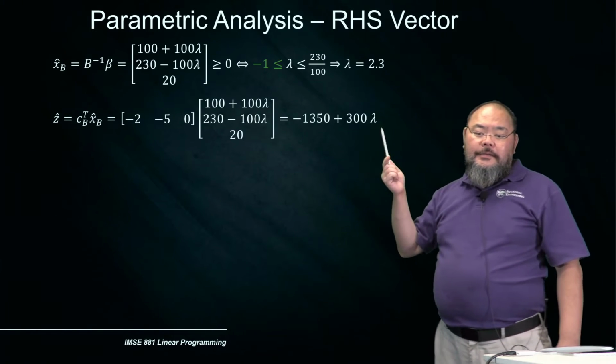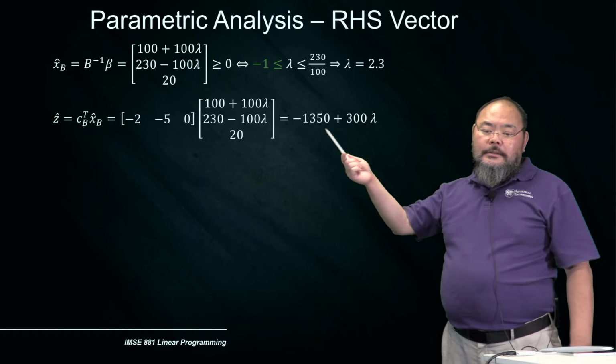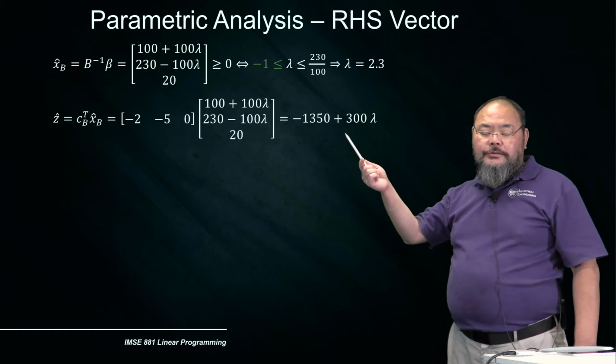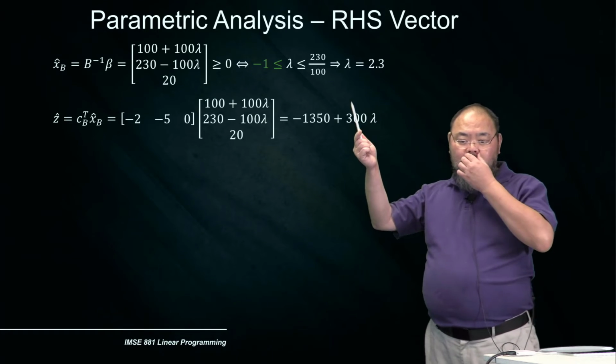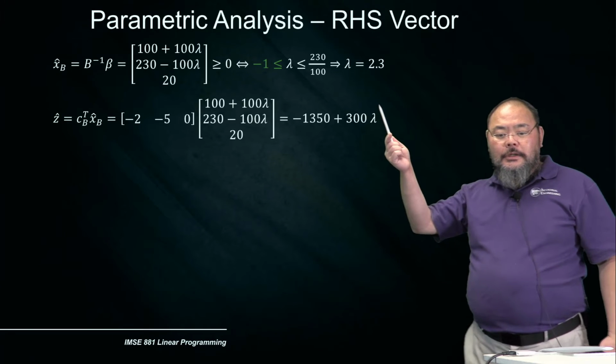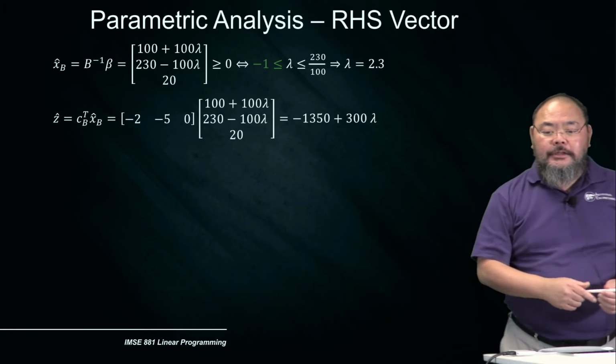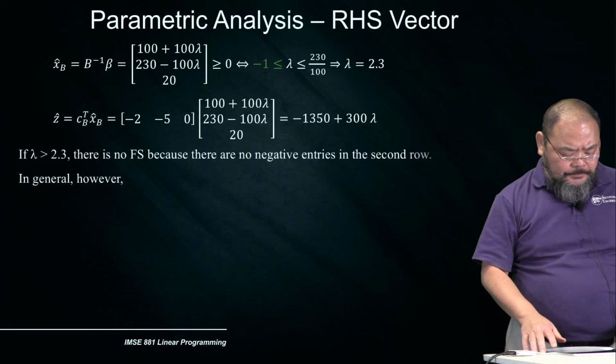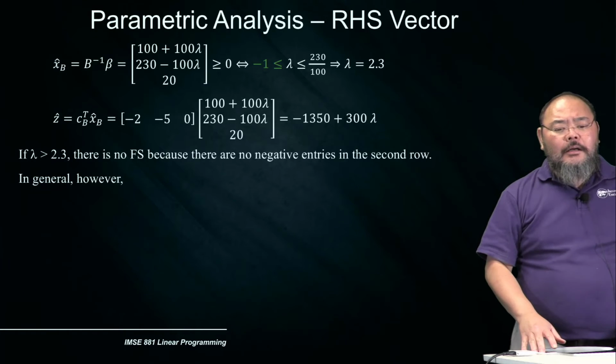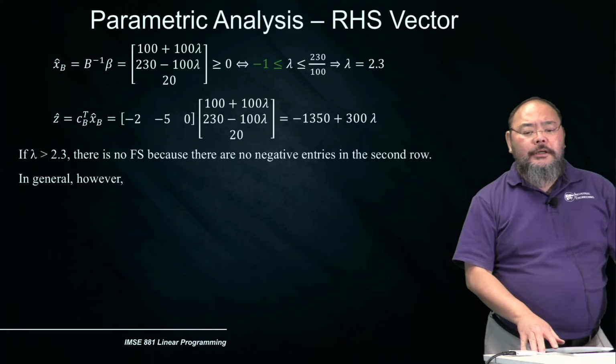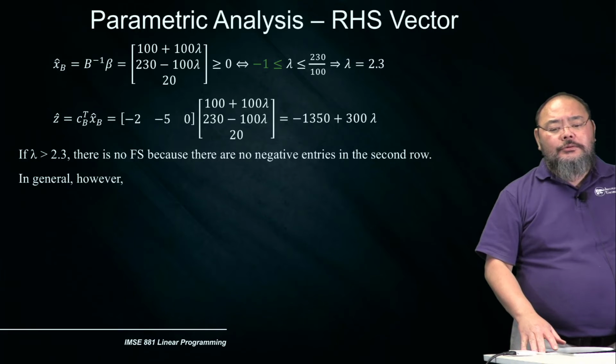So if lambda keeps going up, the objective function goes up as well, deteriorating my current optimal objective value. If lambda is greater than 2.3, there will be no feasible solution for the primal problem because there will be negative elements on the right-hand side.